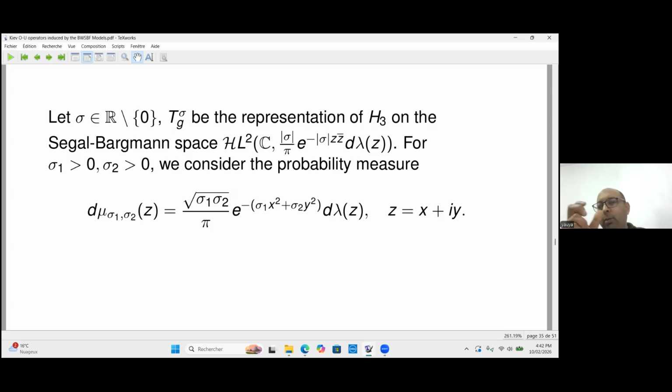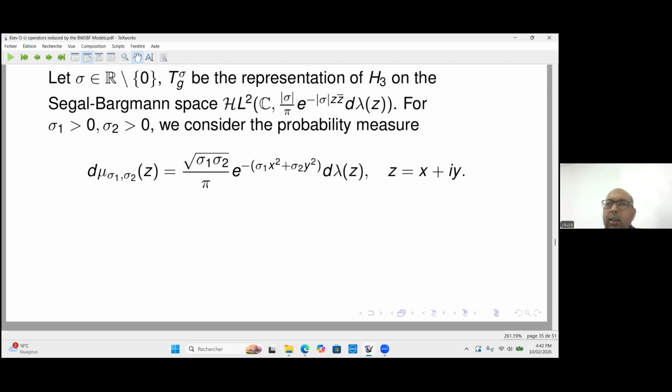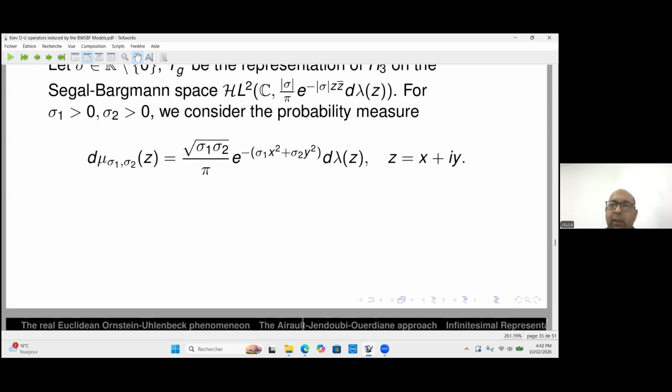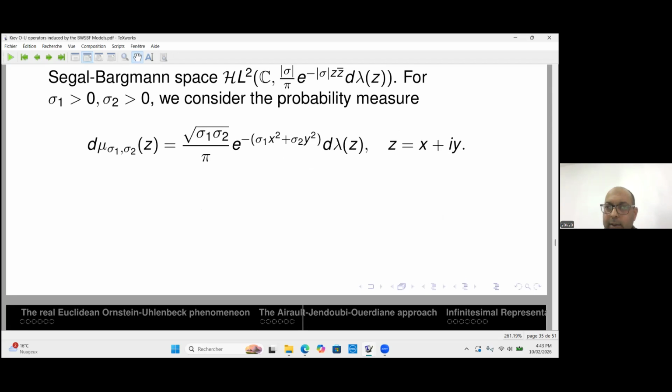That is a perturbation term, which makes the difference between this measure and the classical Gaussian measure.